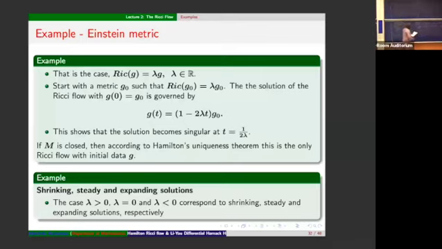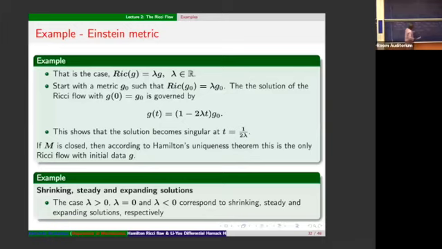Then by the scale invariance of the Ricci curvature tensor, the Ricci of G_t, which is alpha t of G naught, is the same thing as Ricci of G naught.